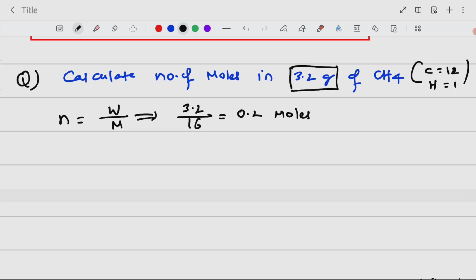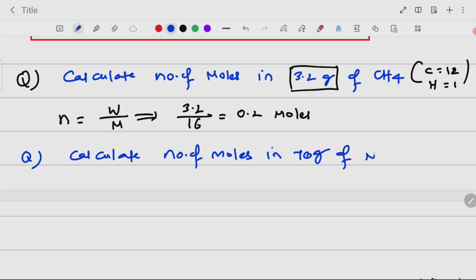Now, another question. Calculate the number of moles in 70 grams of nitrogen.